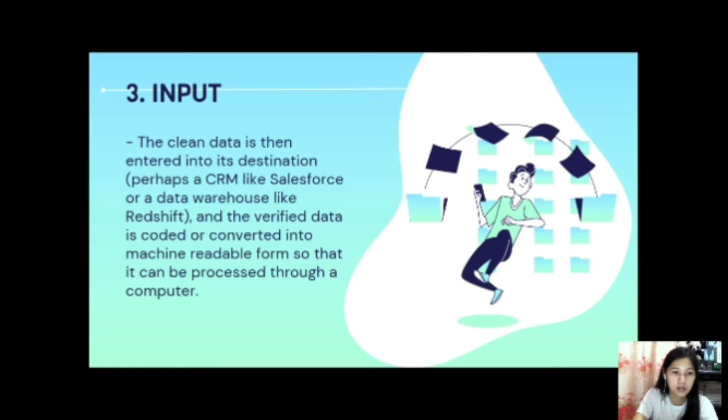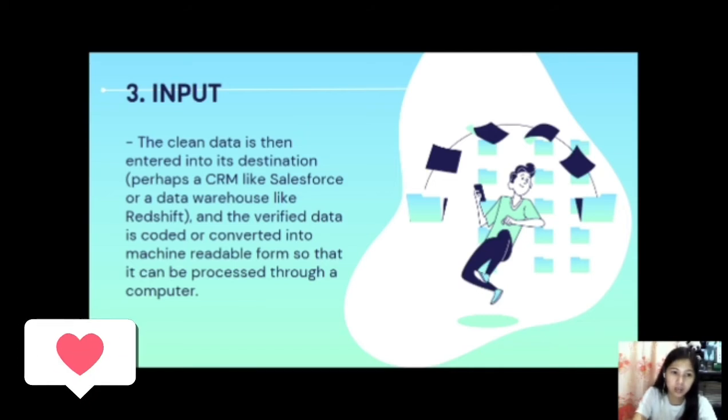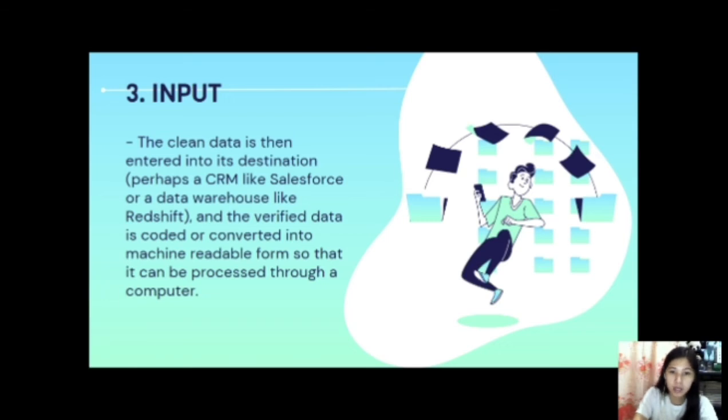Next is data input. So, the clean data is then entered into its destination, perhaps a CRM like Salesforce or a data warehouse like Redshift. And the verified data is coded or converted into machine-readable form so that it can be processed through a computer.